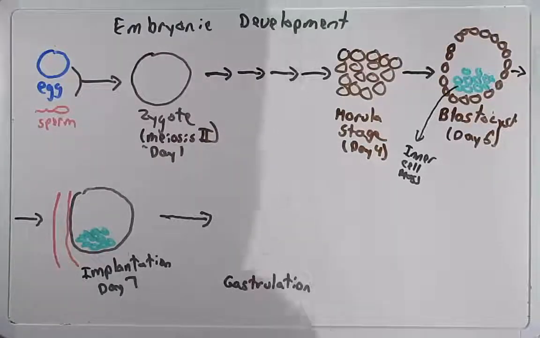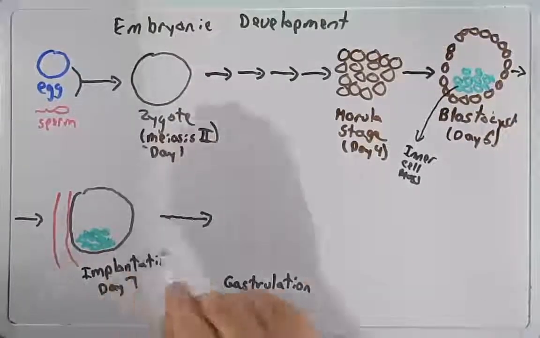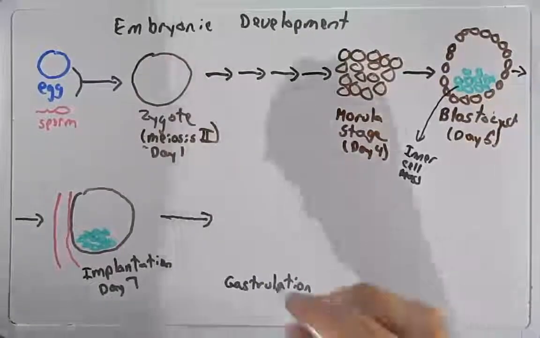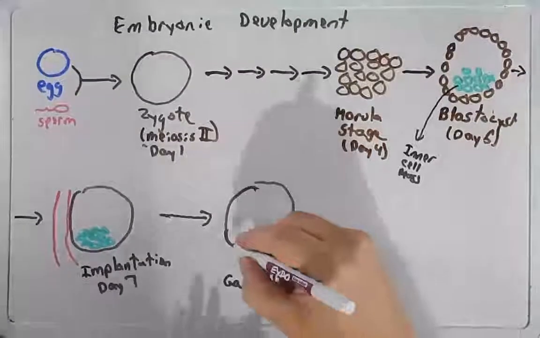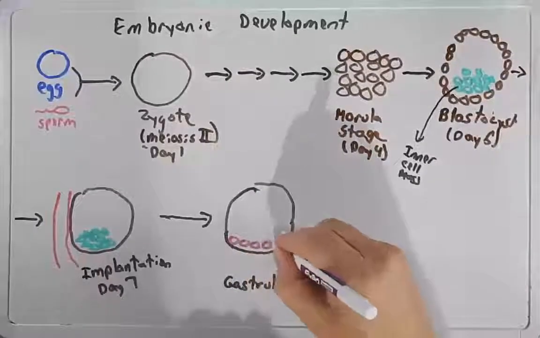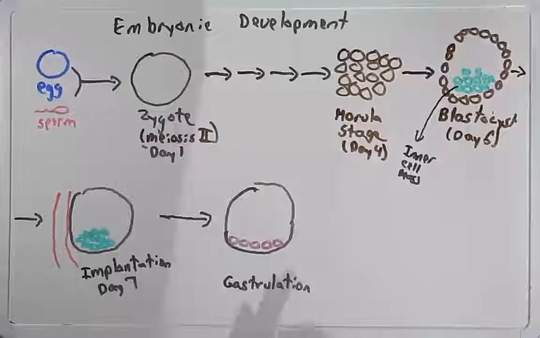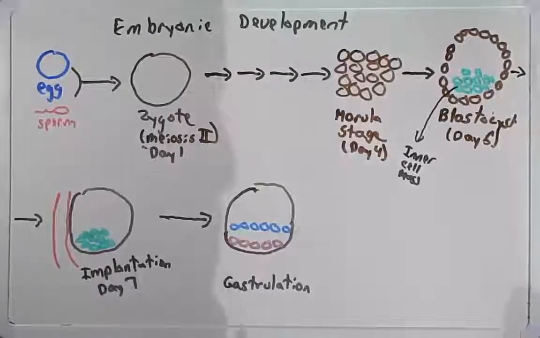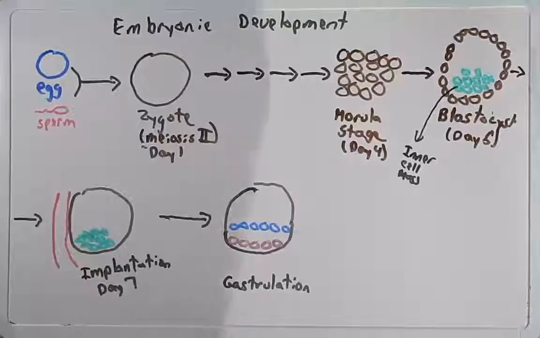Now my artistic skills will be challenged here in trying to draw this, but I think we can make it work. What happens with this inner cell mass is those cells will flatten out. And I'm going to draw the cells in different colors just to distinguish them. Because as they flatten out, they begin to specialize. That is, they begin to lose their pluripotent state.